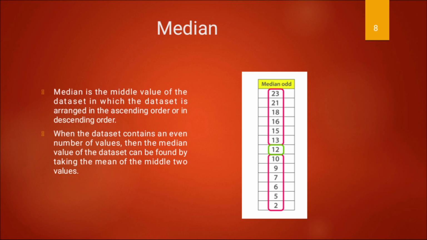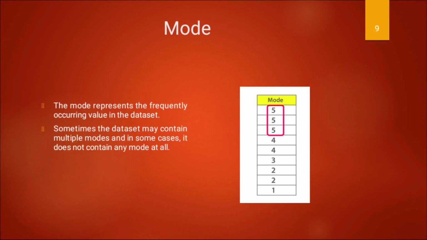So move to the next point. Mode defines, in a given data set, a value that may be repeated one time, two times, or more than two times.